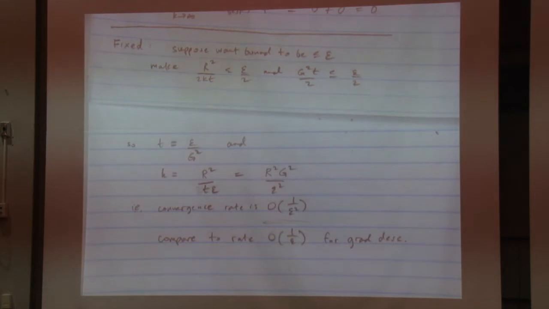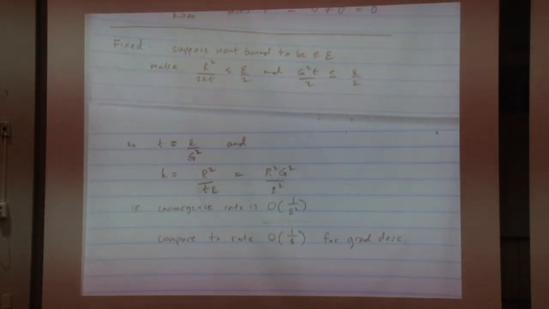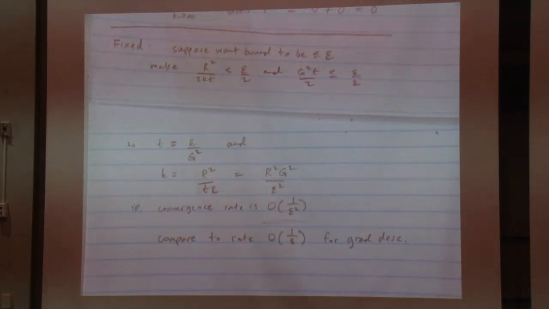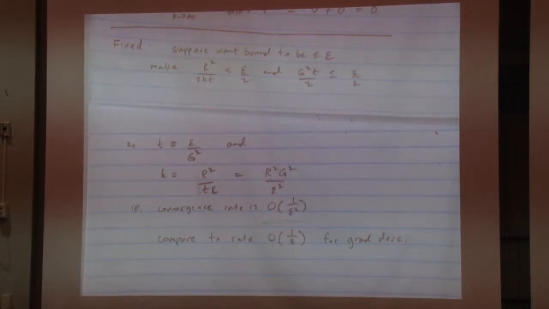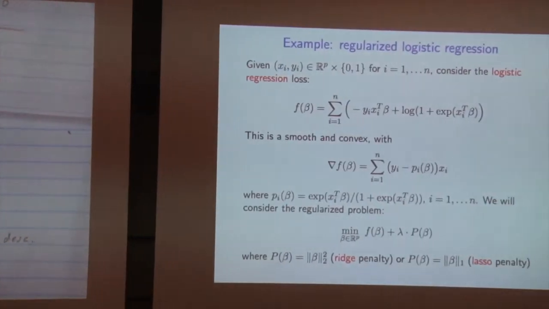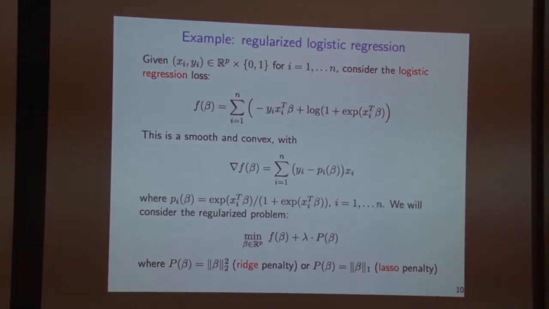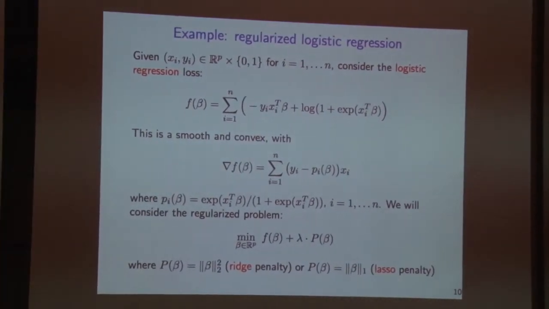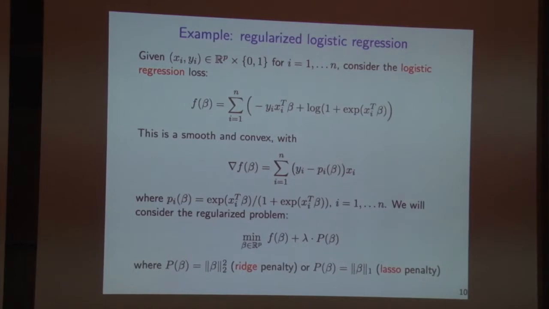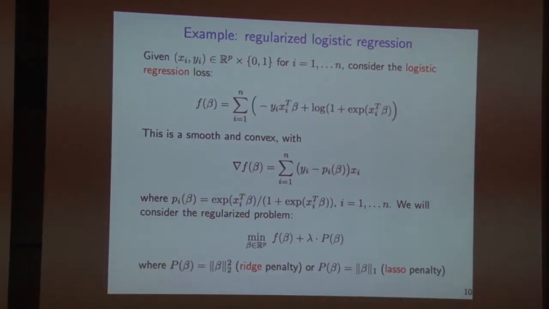Okay, here's an example just to show you that this kind of thing presents itself in practice also. As a problem setting, I took a classification problem where I had predictor variables xi and binary outputs yi. So I wanted to predict the class being 0 or 1 from a bunch of predictor variables.